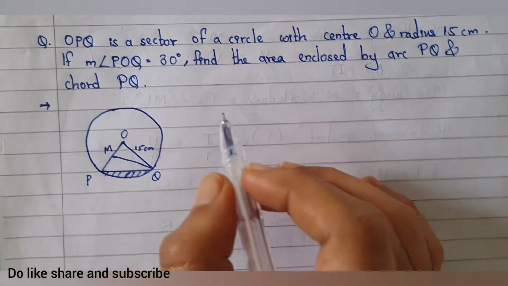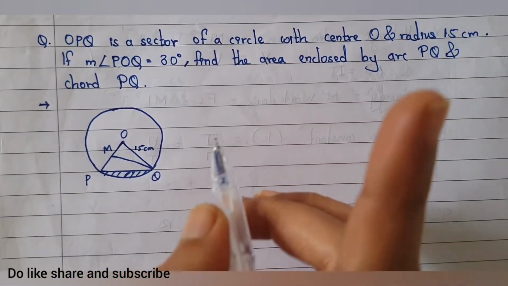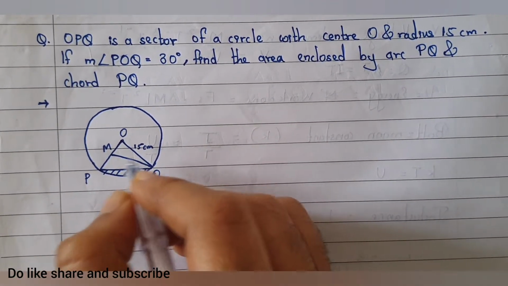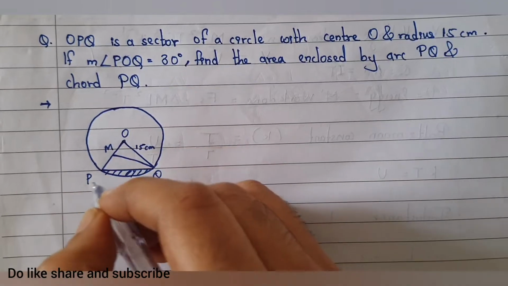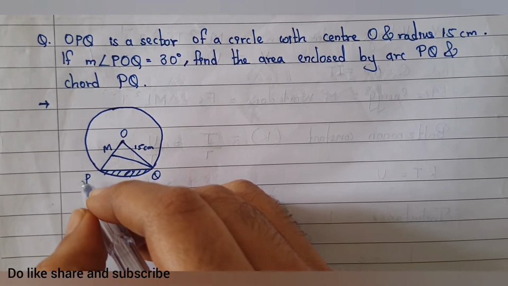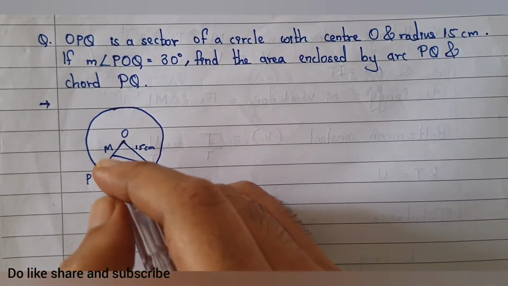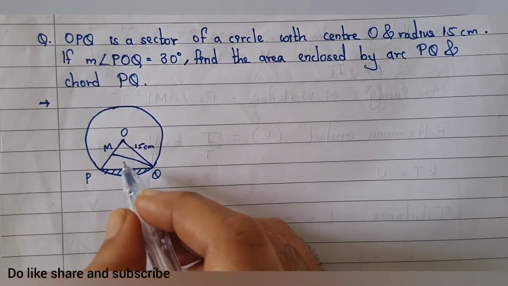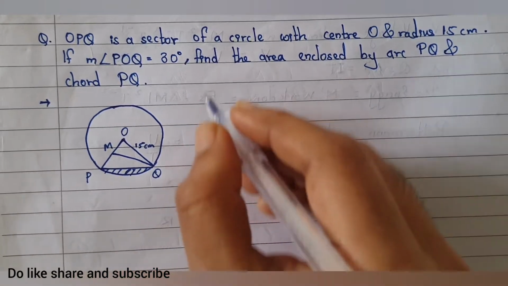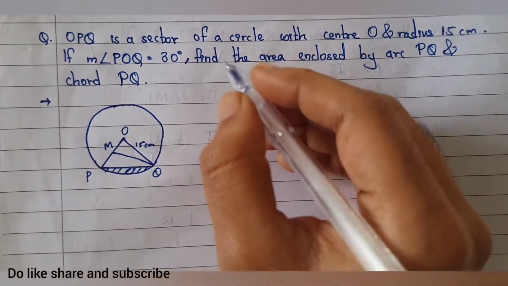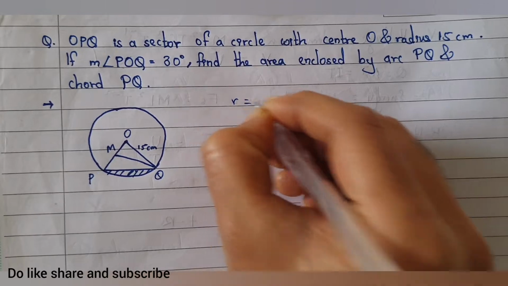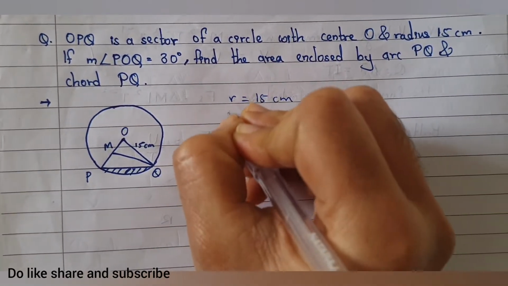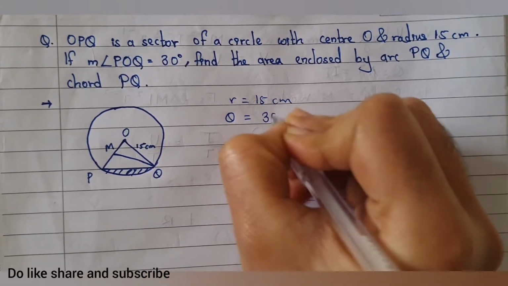We have to use the formula which was used in the previous lecture, that is the area of sector OPQ minus the area of triangle OPQ. Now we have radius equal to 15 centimeter, angle theta equal to 30 degrees.